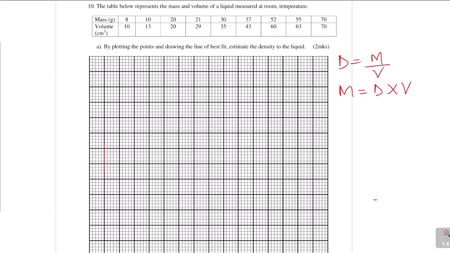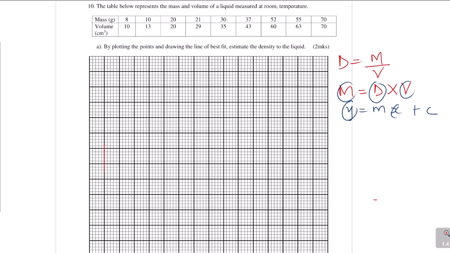If we draw that straight line, you compare this with the equation of a straight line, y is equal to mx plus c. You notice that mass corresponds to y, and v corresponds to x. So what should be plotted against what? You're going to plot mass against volume.